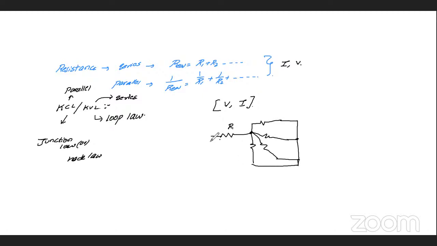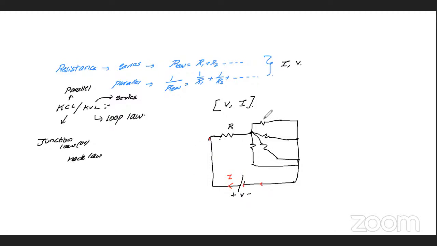And this circuit is connected to a voltage source. This is your voltage, with the plus terminal, the positive terminal, and the negative terminal. The positive terminal is the bigger line and the negative terminal is the smaller line. For this case, the current flows out from the positive terminal to the negative terminal. This is your current.